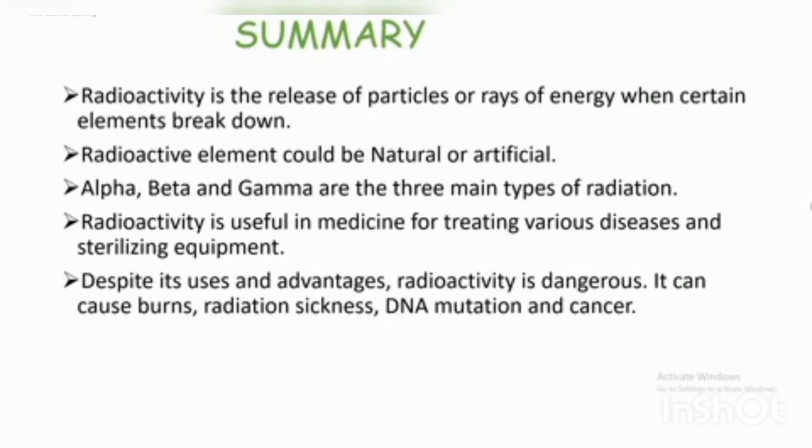We also said that radioactivity is useful in medicine for treating various diseases and sterilizing equipment. Also, we said, despite its uses and advantages, radioactivity is dangerous. It can cause burns, radiation sickness, DNA mutation, and cancer.